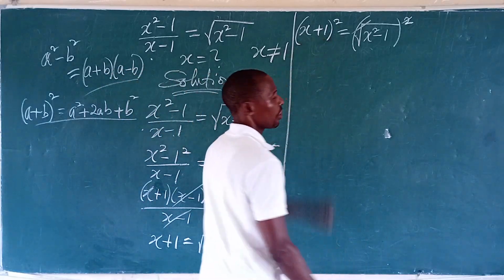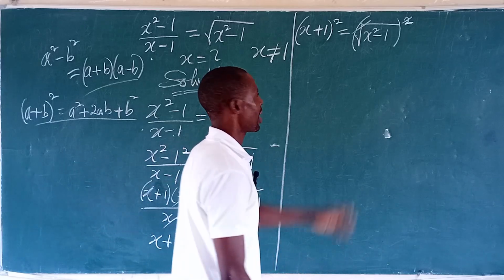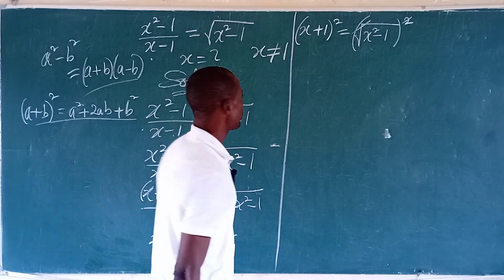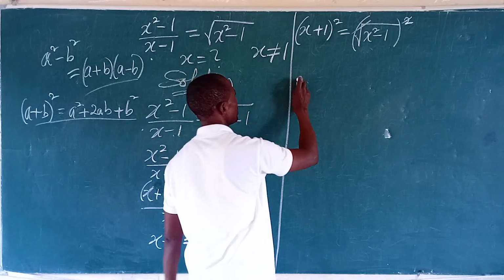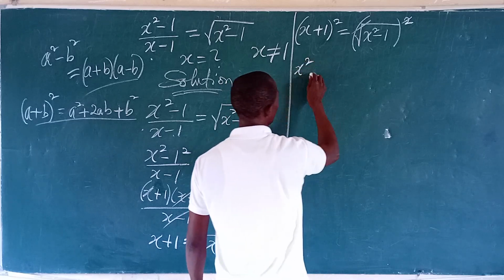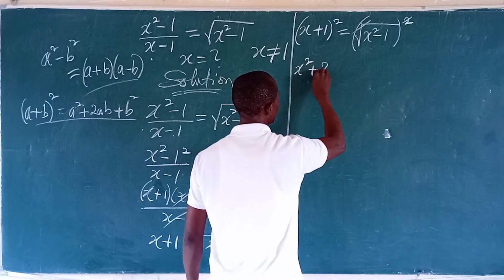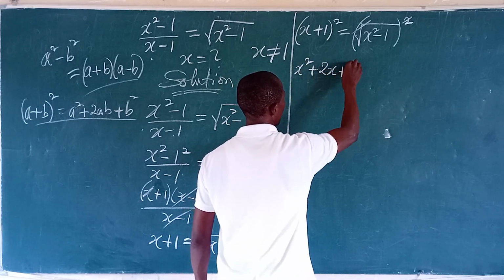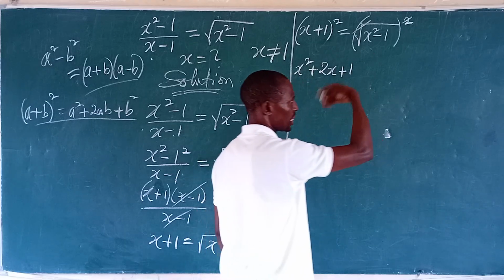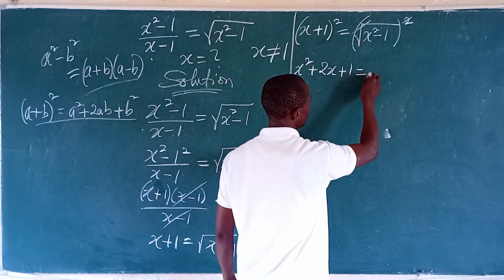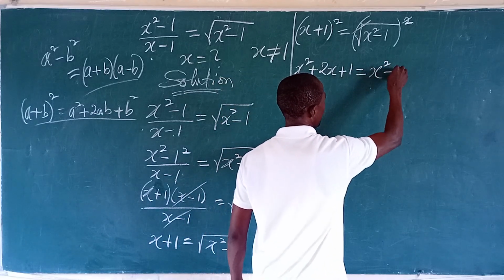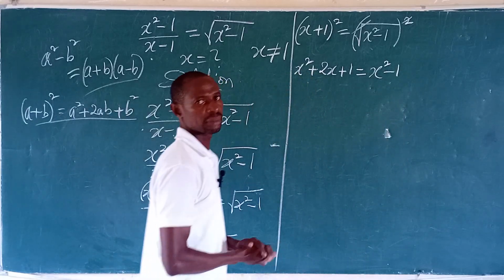Here we have 1 in place of b, and x in place of a. So this expression becomes x^2 + 2x + 1, since 1 squared is still 1. This is equal to x^2 - 1.